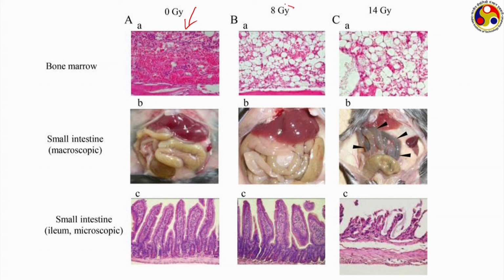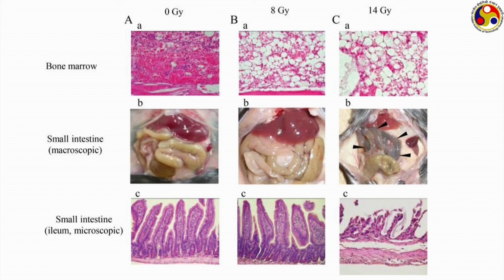When it is subjected to a radiation dose of 8 gray, you can see there are very few cells appearing, and when it is subjected to an even higher radiation dose of 14 gray, the complete structure has changed, and accordingly most of the bone marrow has suffered cell killing or reproductive death, not being able to develop newer red cells, and therefore may lead to leukemia.